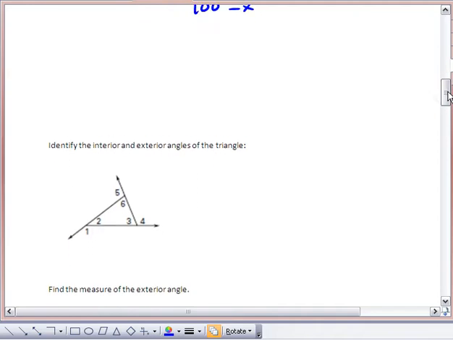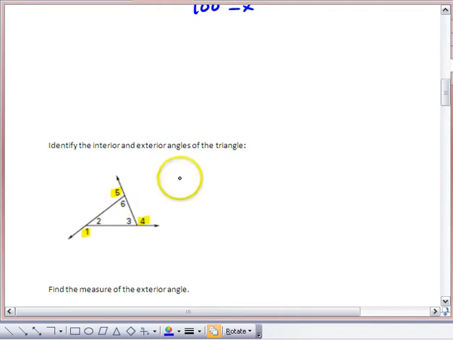Now, there are different kinds of angles for this triangle here. Some of them are what we call exterior angles, and some are interior angles. My exterior angles are outside my triangle, and they're formed by a line from my interior and my exterior angle.